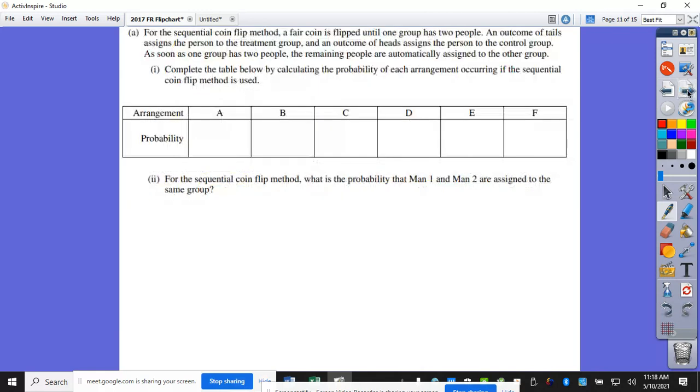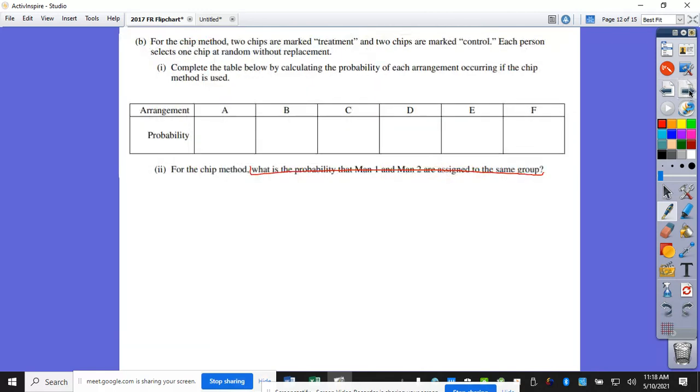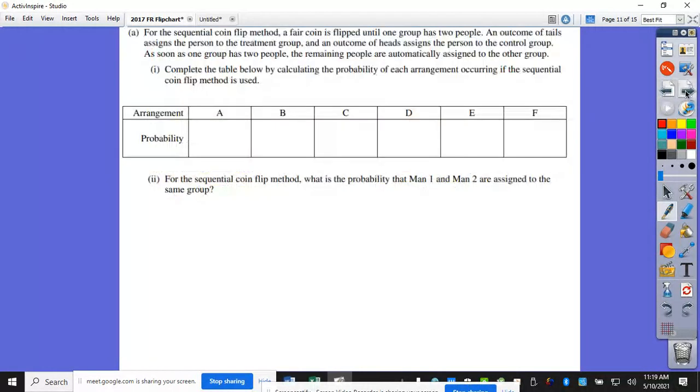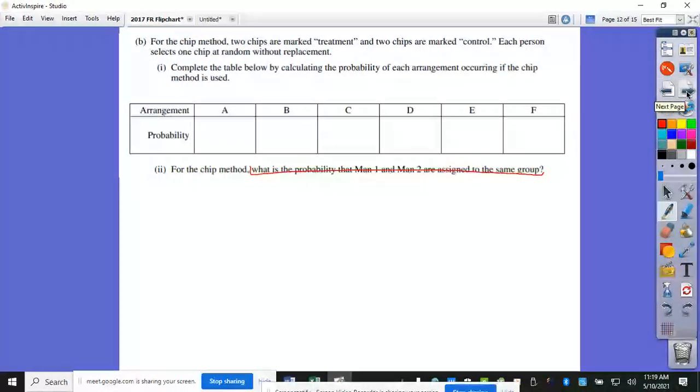Method B says there are chips that are marked. There's 2 that are treatment and 2 that are control. Each person selects 1 chip at a time without replacement. What are my probabilities now? What's the difference with the way I think through this one versus the way I think through this one?